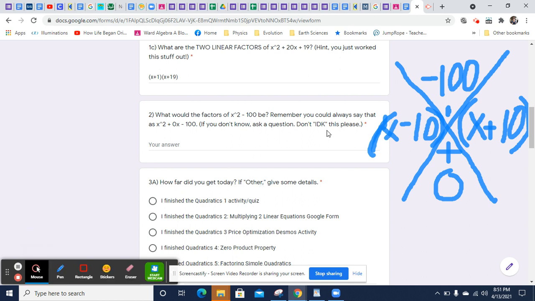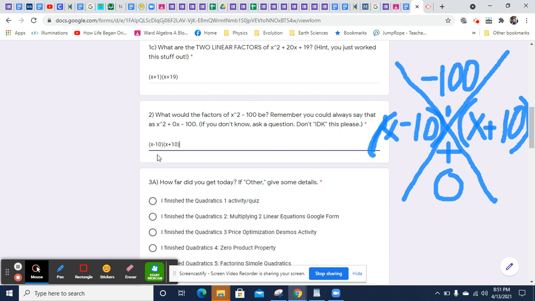And now we've got x minus 10 times x plus 10. So the factors of this are going to be x minus 10, a difference of x and 10, and x plus 10, a sum of x and 10. Whenever you have a difference and a sum of the same two numbers being multiplied together, we're going to get a difference of squares because you're going to cancel out your middle term.